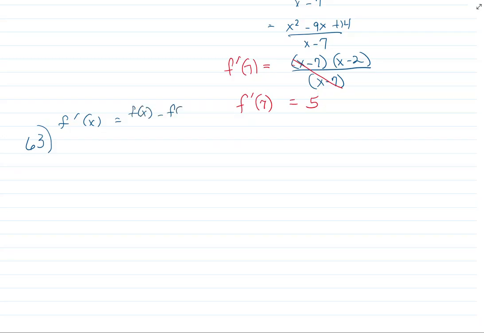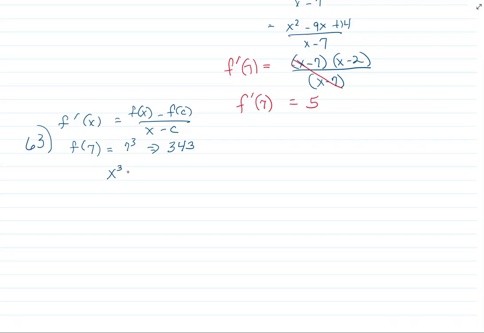Okay, so we want f of 7. That's a big number. What is that? 7 cubed. 343. Thank you. Okay, so I'm going to have x cubed minus 343 over x minus 7.